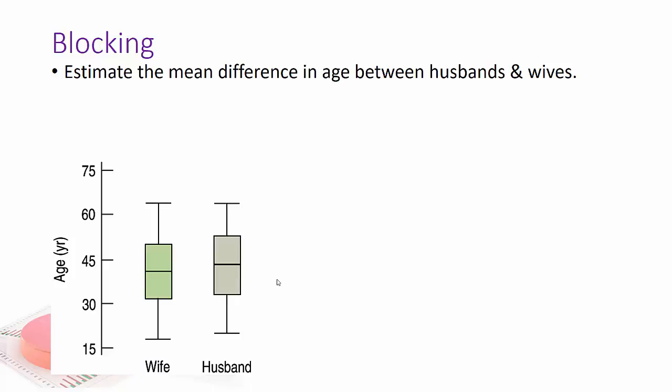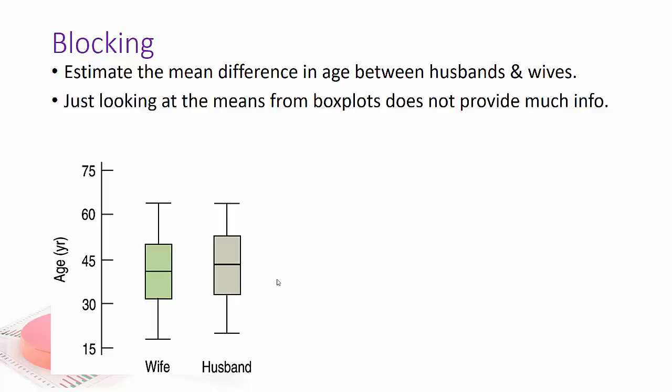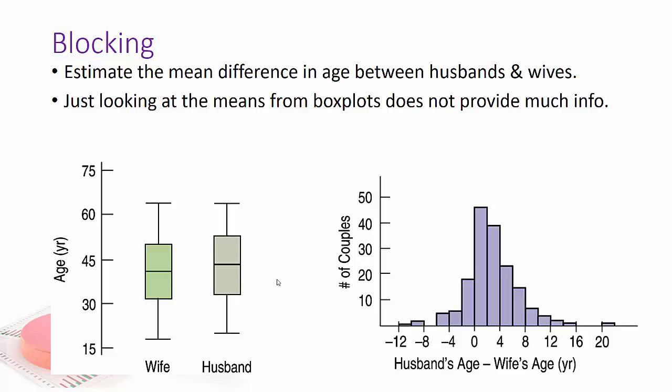If I did a t-test for the differences, probably would not come up as significant, right? So I'm not getting a lot of info from the box plot. But I think we know on average that wives tend to be a little bit younger than husbands, and that shows when I look at the differences in age for the individual couples.